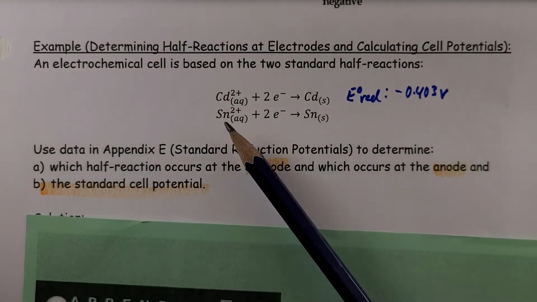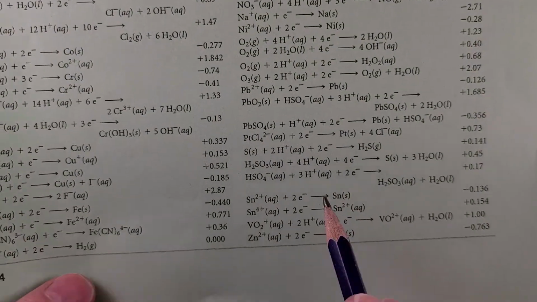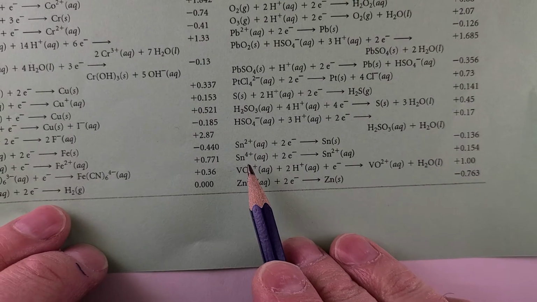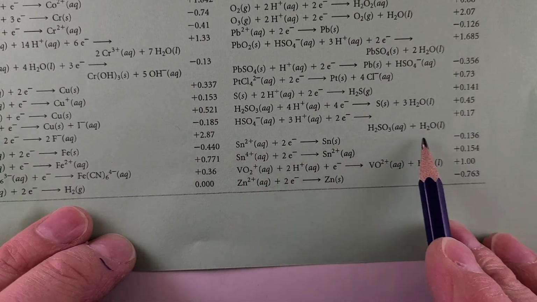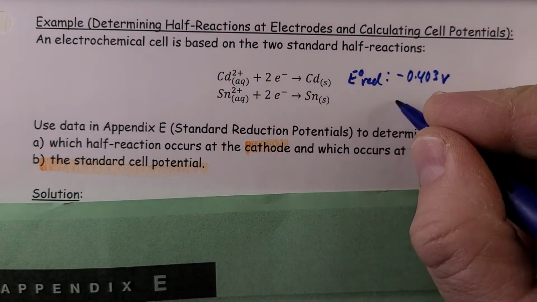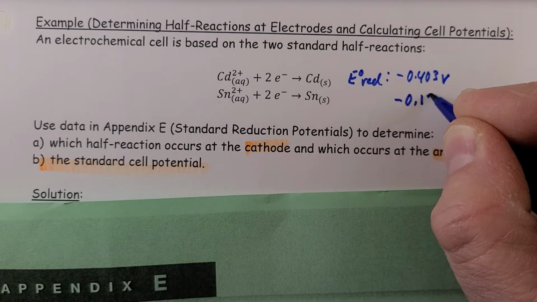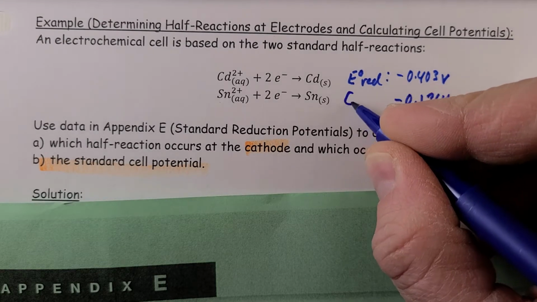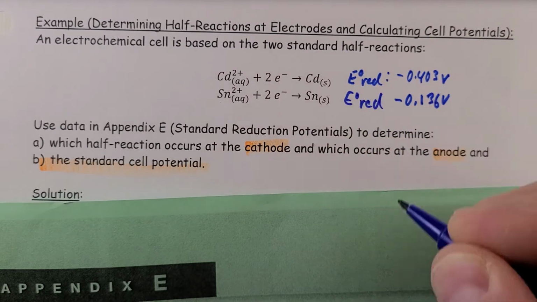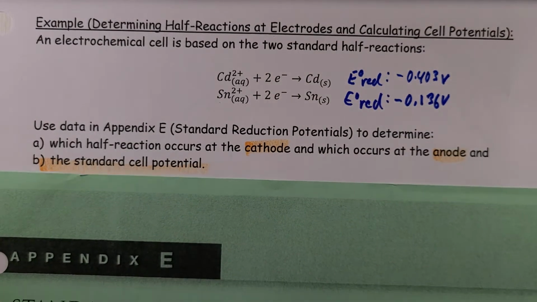And let's look up tin. Now it's the tin 2 version, Sn2+. So let's look up that, Sn2+. Careful because there's an Sn4+ here as well. Negative 0.136 volts. And that's the reduction potential of that. So what we have to look at is which one is more positive.